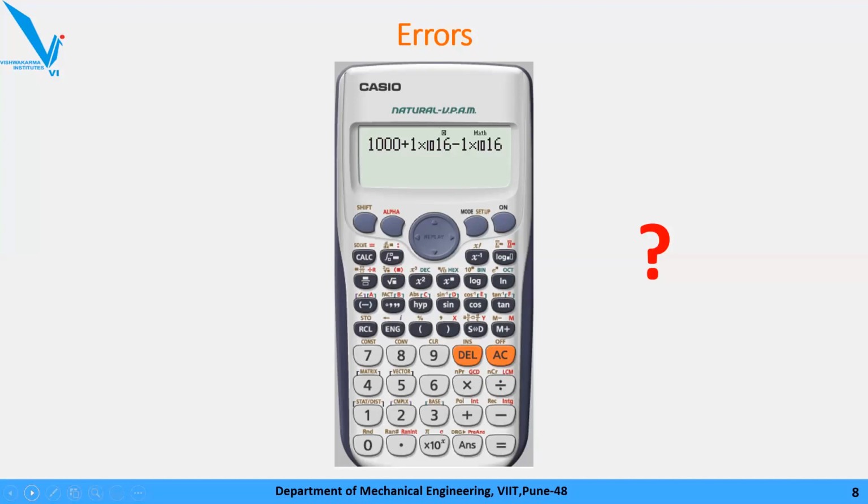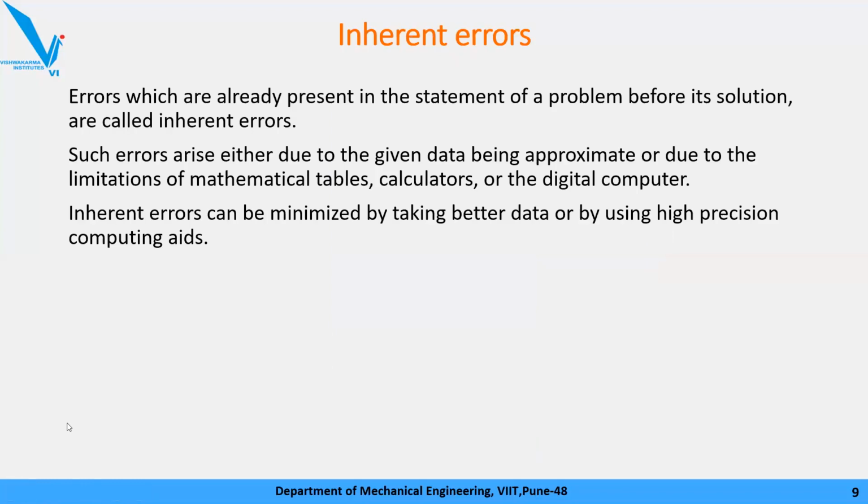Yesterday we have seen numerical error. There are two major forms of numerical error: one is round off error and the second is truncation error. We start with a less important error, or the error which we cannot do anything about, that is inherent error.